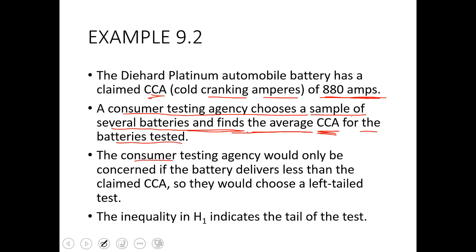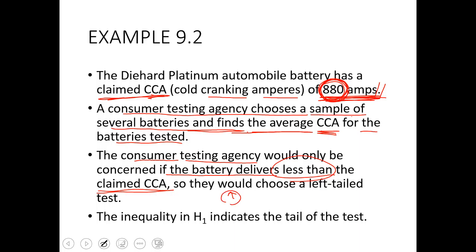The consumer testing agency would only be concerned if the battery delivers less than the claimed CCA, 880 amperes. If this value is larger than their claim, then that has no problem. But if it is less than 880, then it may be a problem.